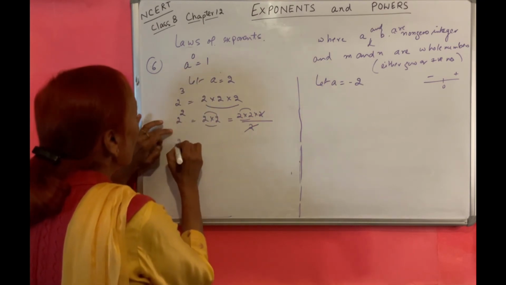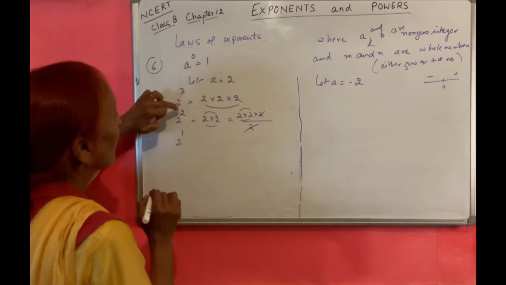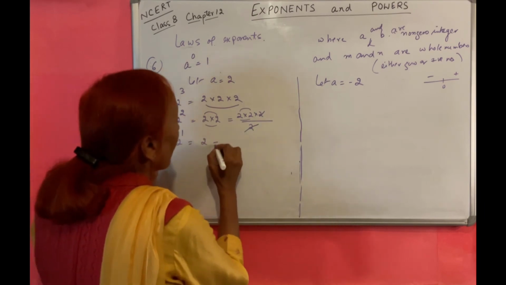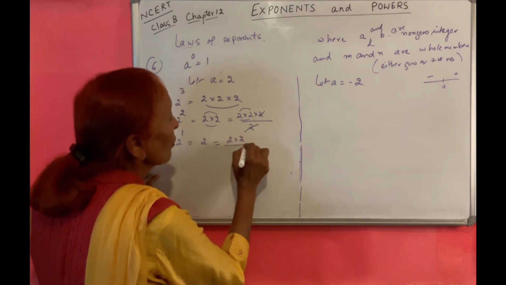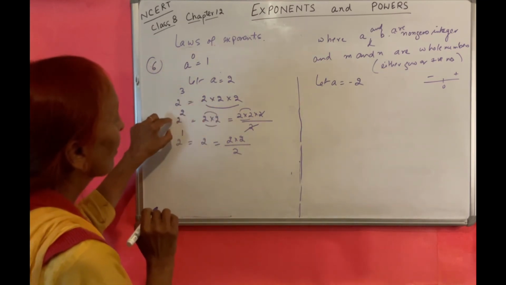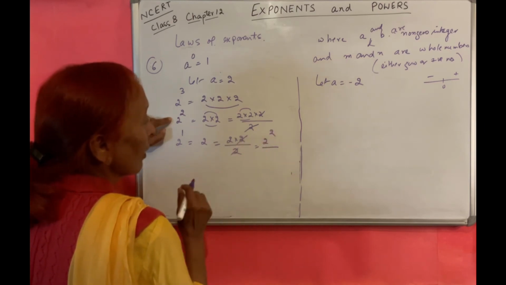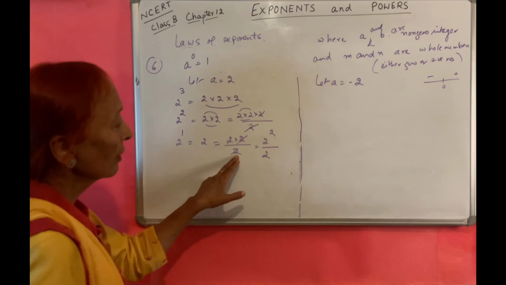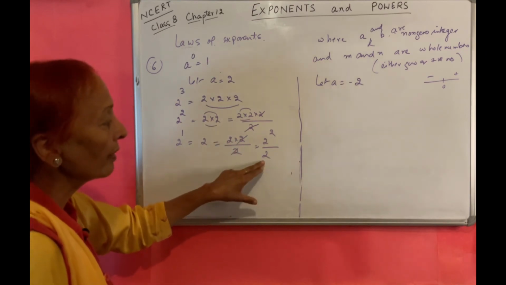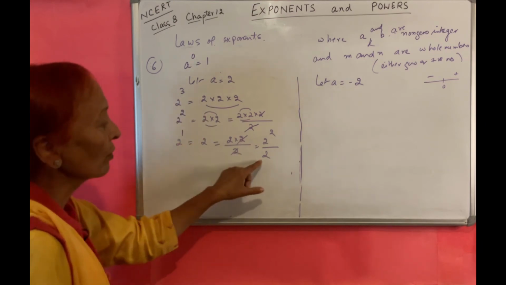Next number means power is still reduced by 1, 2 to 1. So this is 2. I can write this 2 as 2 into 2 by 2. 2 into 2 is this number, 2 raised to power 2. And this is 2. That means here also I have divided the previous number by this base 2.